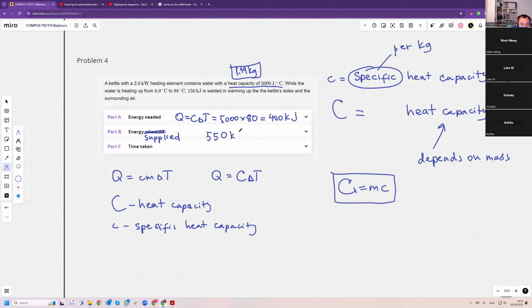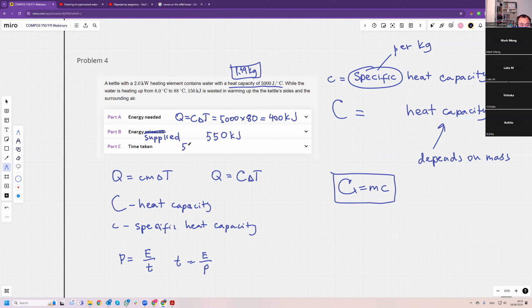So the energy supplied must be 550 kilojoules. And the time taken, well, we know that power is energy divided by time. So time taken is energy divided by power.